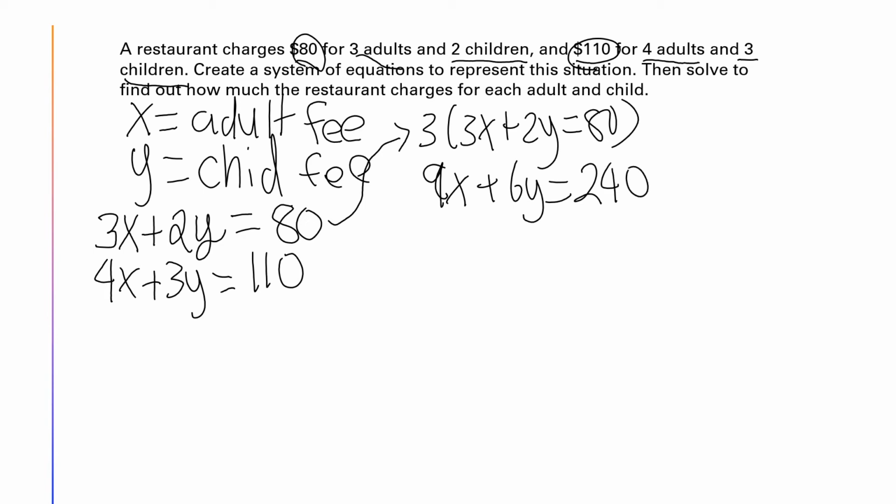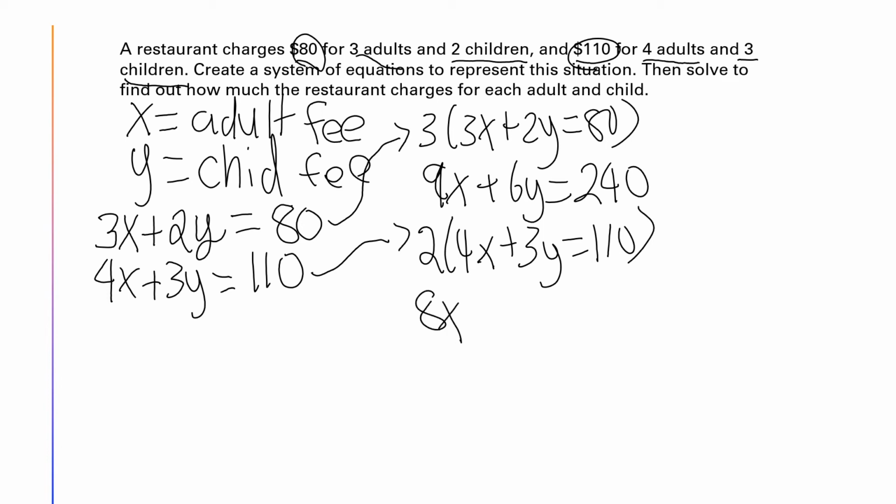And the second equation, we would multiply by 2 to get 6y. So 2 times 4x plus 3y equals 110, which gives us 8x plus 6y equals 220.